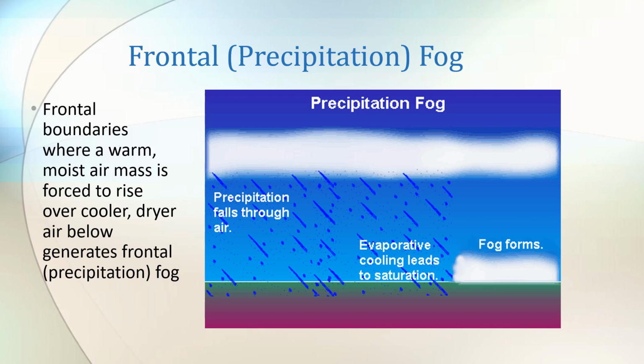And because the raindrops falling from this relatively warm air above the frontal surface evaporate in the cooler air below, they cause the cooler air to become saturated. This frontal fog, which can be quite thick, is common on cool days during extended periods of light rainfall.